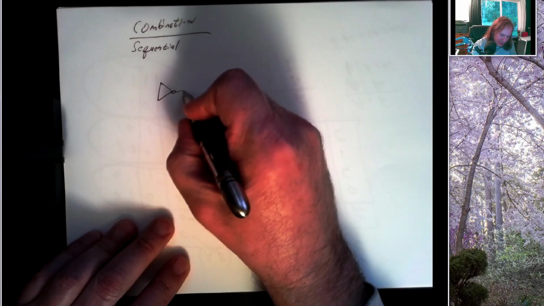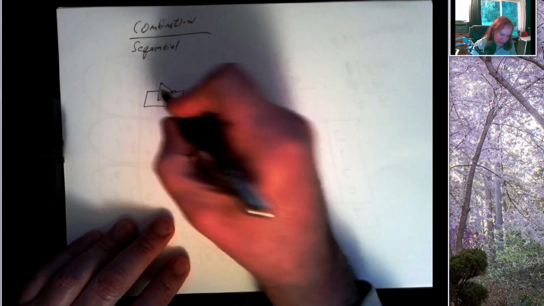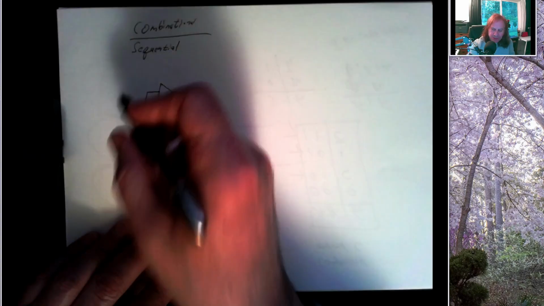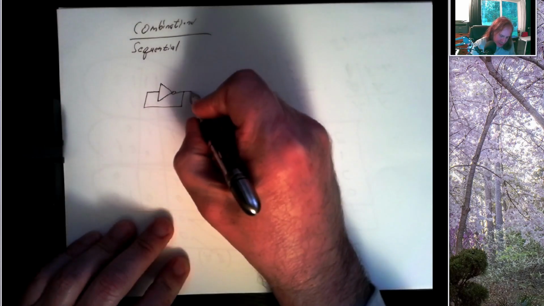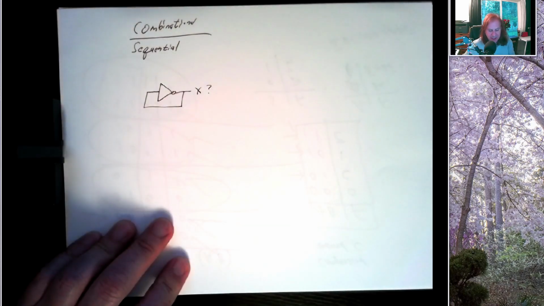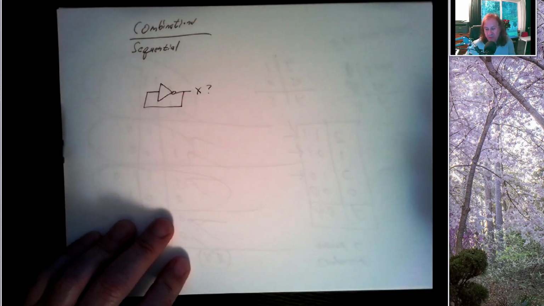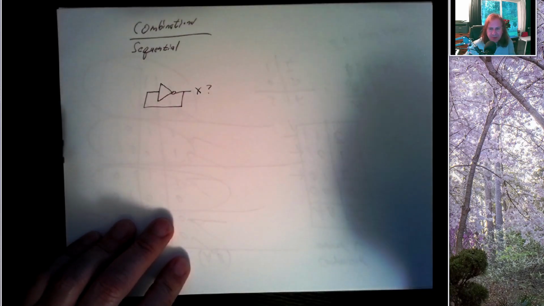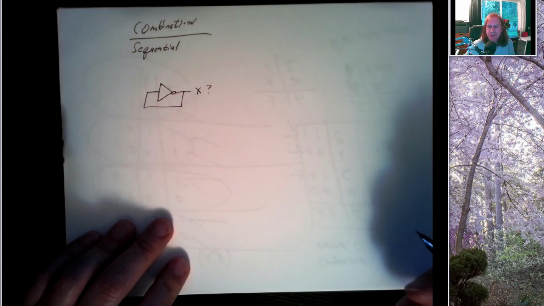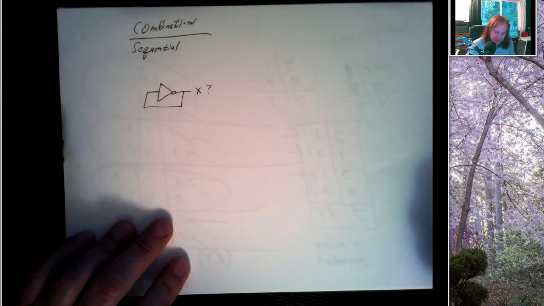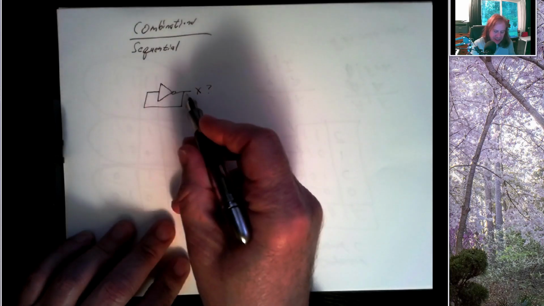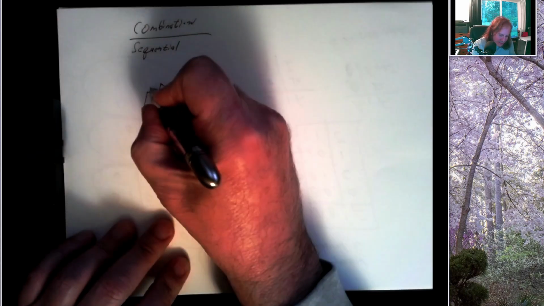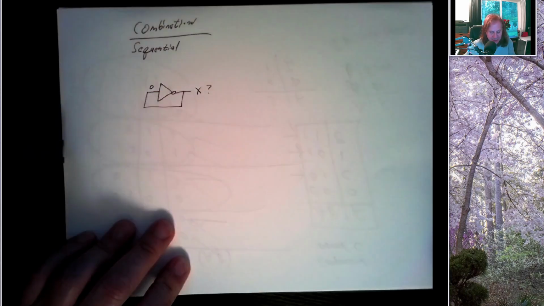So let's start with a simple but pathological circuit, an inverter whose output is connected to the input. And let's ask, what is the output value X? Well, we don't know. It could be a 0, it could be a 1. When you first power up a circuit, it's pretty hard to tell what the voltage is at any point in that circuit unless it's connected to power or ground. The input of this isn't directly connected to power or ground, it's connected to the output. But let's suppose that X is a 0 to begin with.